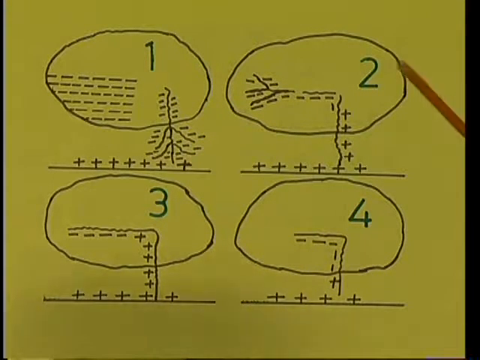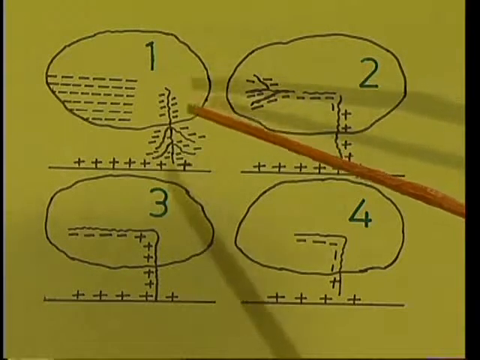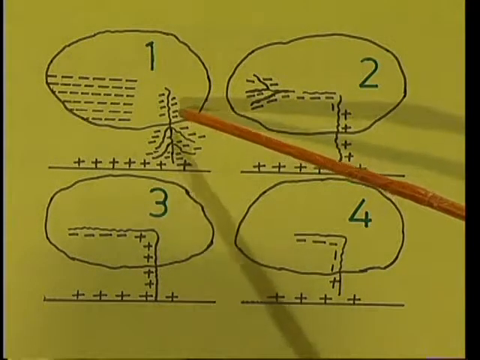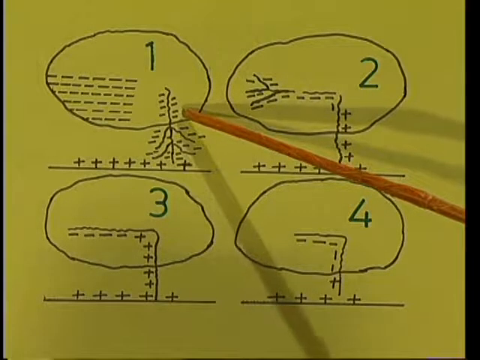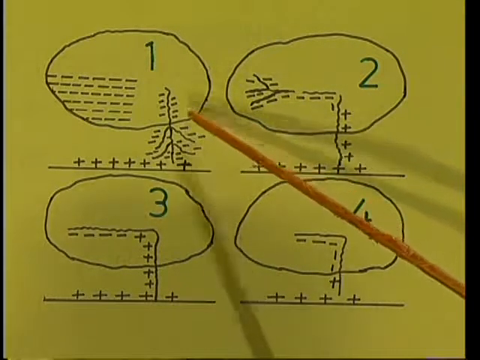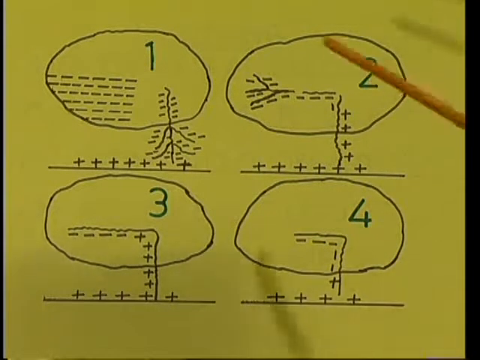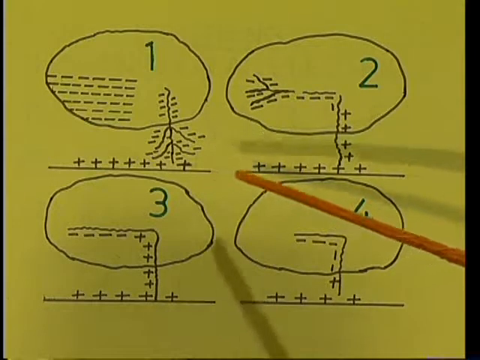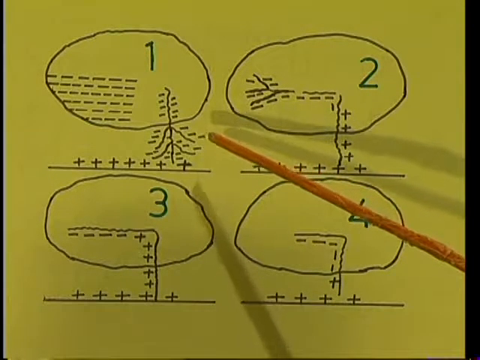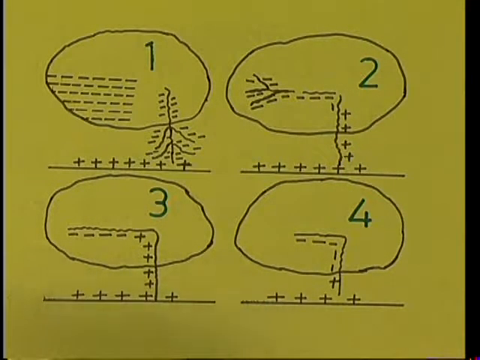You see in the figures. Figure 1. In this figure, as already said, here it is negative ions or charges, here it is positive charges. So what happens? Between negative charge and positive charge there is a force of attraction, that is, unlike charges attract each other.